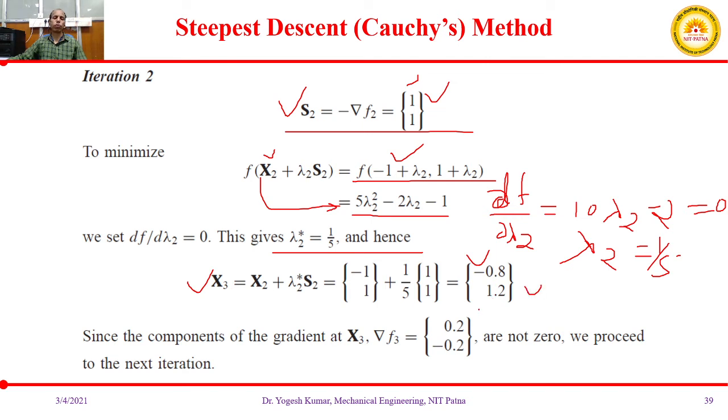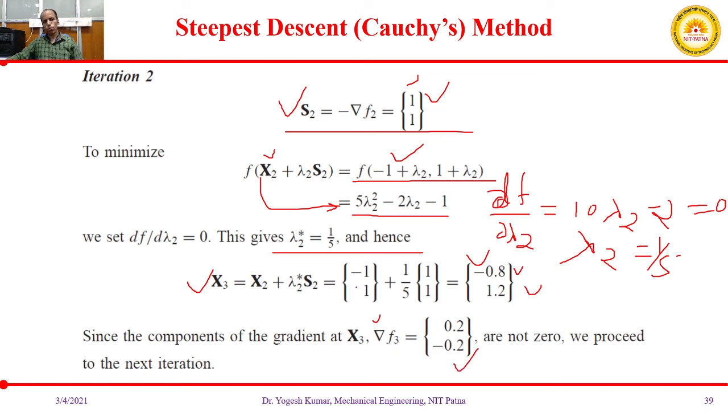Again, you need to calculate the value of gradient at point 3. So if you calculate the value of gradient at point 3, you will put the value of x3 in your given function. If you calculate this value, this will be your gradient f3, and this will be 0.2 minus 0.2.